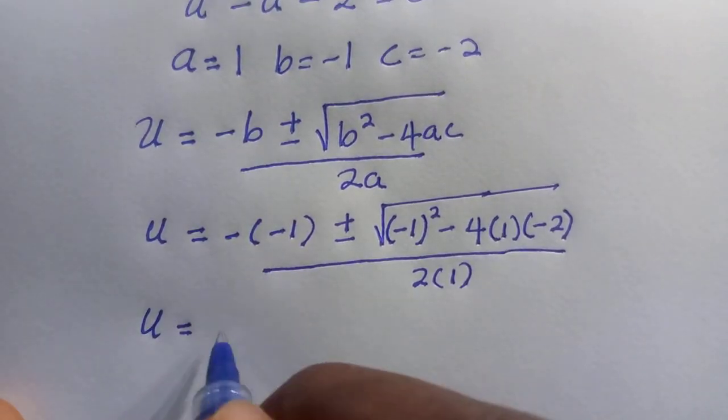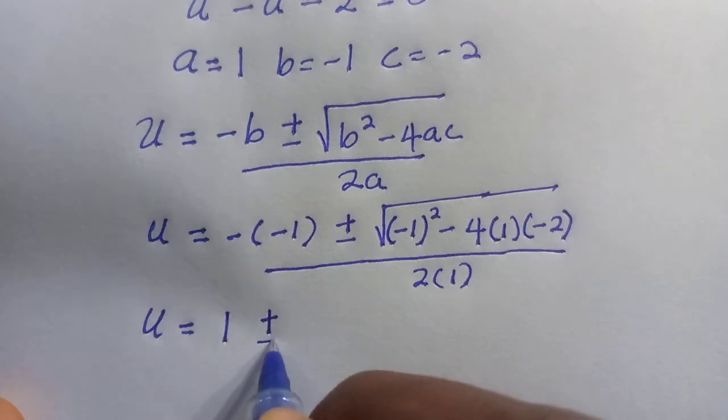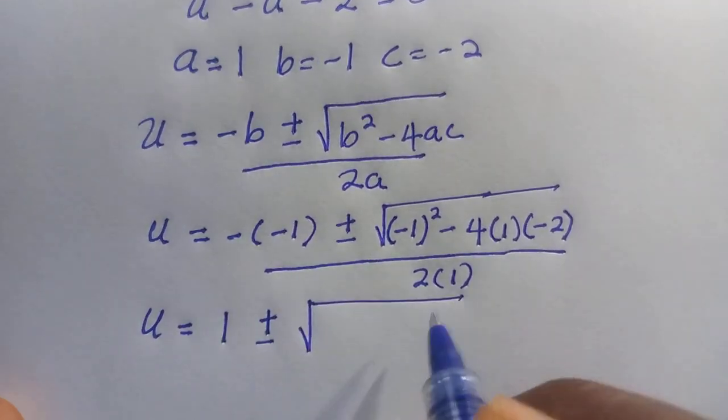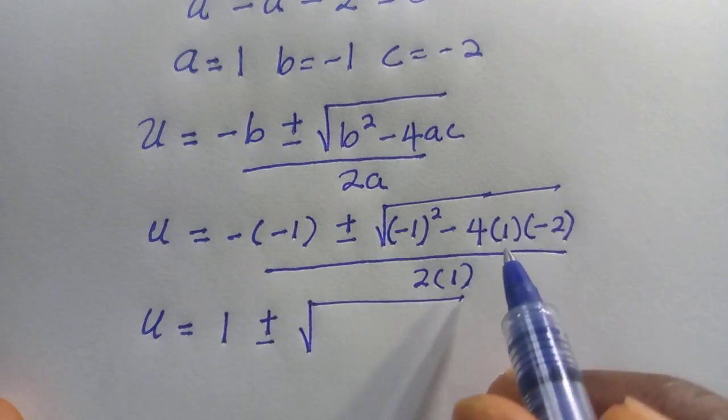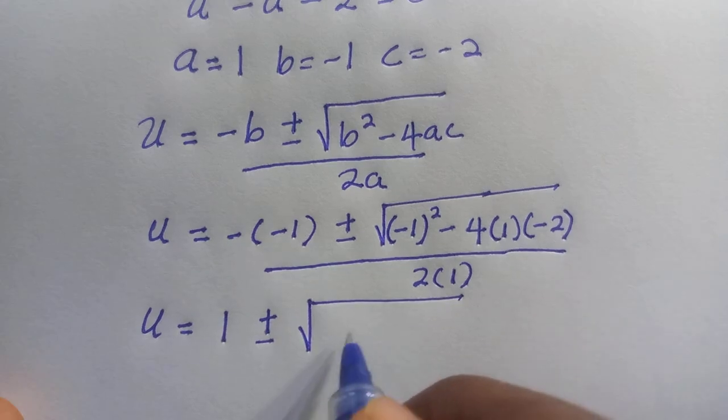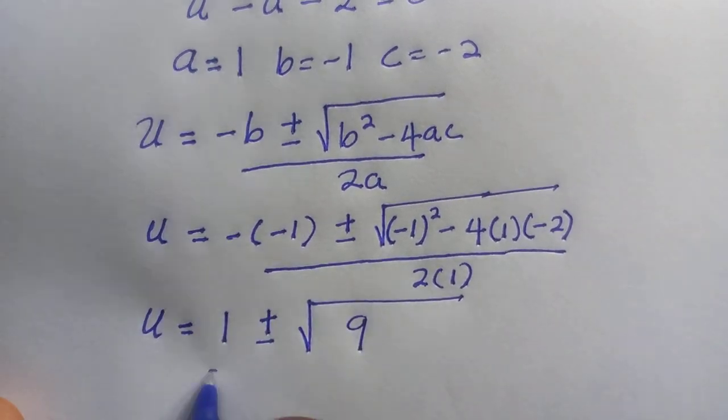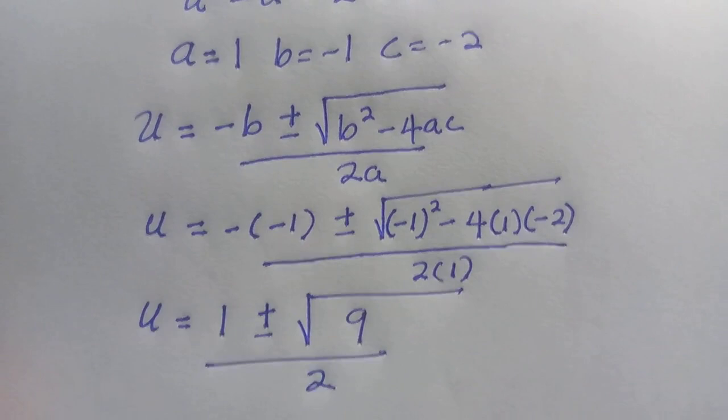So u equals 1 plus or minus the square root of minus 1 squared, which is 1. Then the whole of this one gives us 8. So 1 plus 8, that is 9, divided by 2.